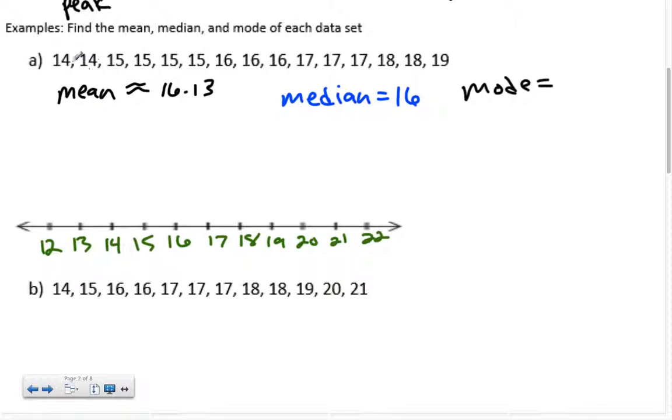Okay, so we had two 14s, so I'm going to cross those off and put 2 dots. Remember, we're keeping them lined up and evenly spaced. We have 1, 2, 3, 4 15s. We have 1, 2, 3 16s.